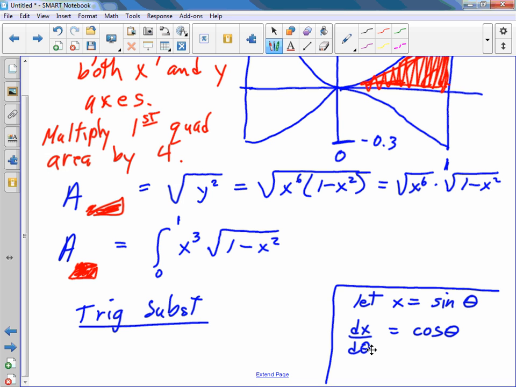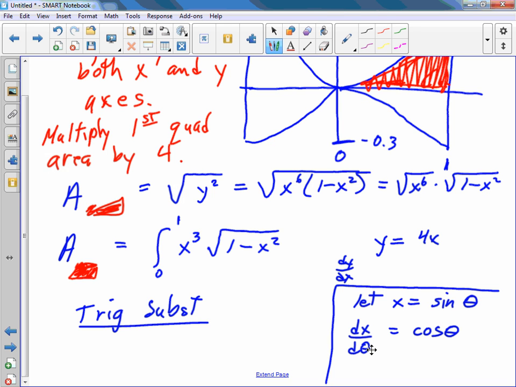Wait, is that right? Because then how do I get d theta then? That shouldn't be right. I need a d theta. But that's not what I want. Because if you have like y equals 4x, you go dy dx.